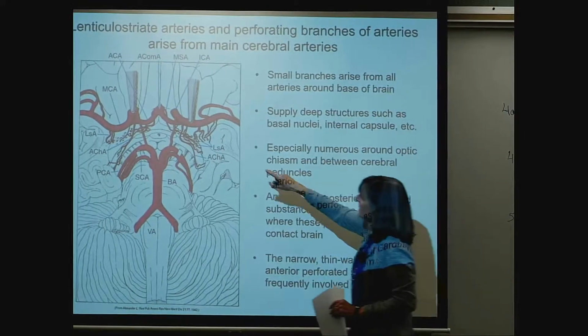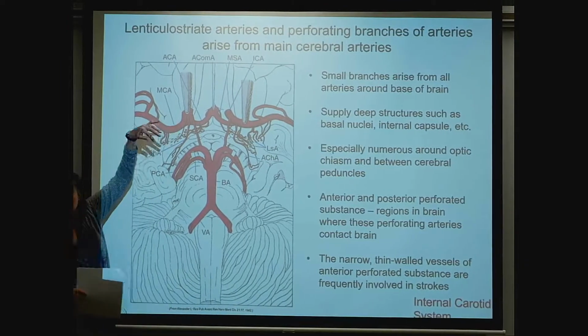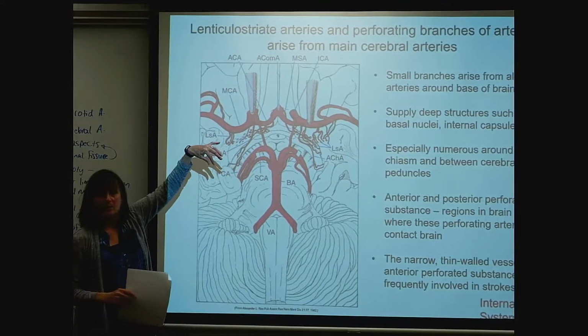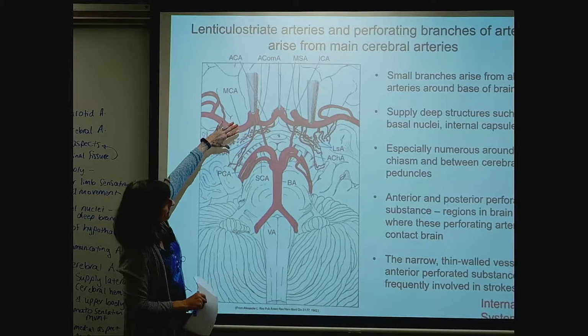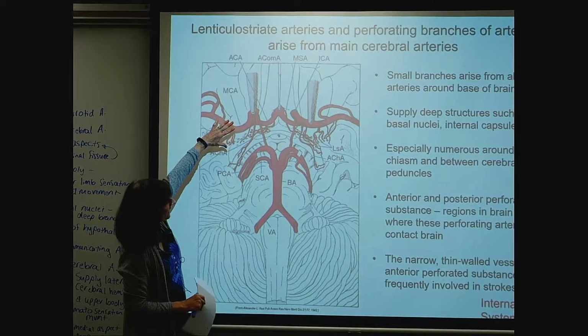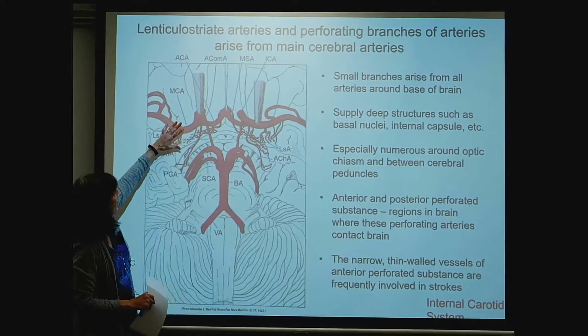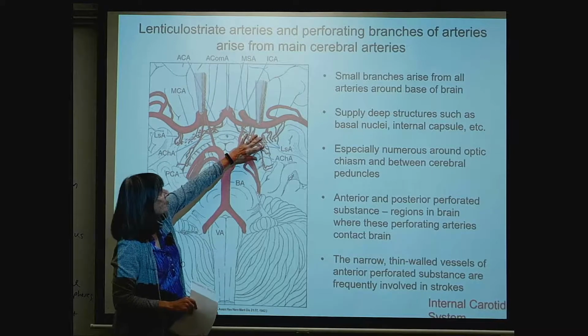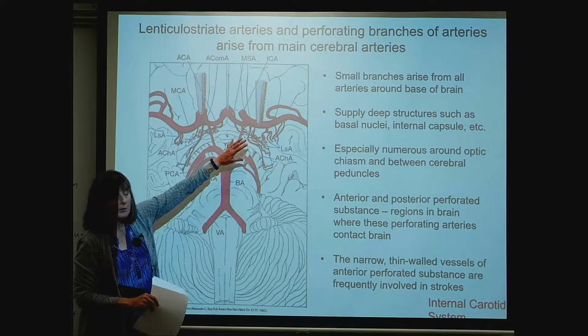You can see little holes in the brain, and that's where those blood vessels dove down into that tissue when the person was alive. You can read that, but again, these narrow, thin-walled vessels are frequently involved in strokes, and those are what they look like, and the brain tissue actually shows holes where they go through.